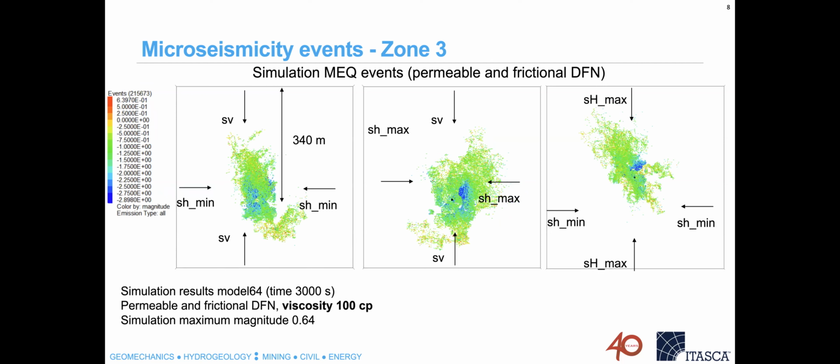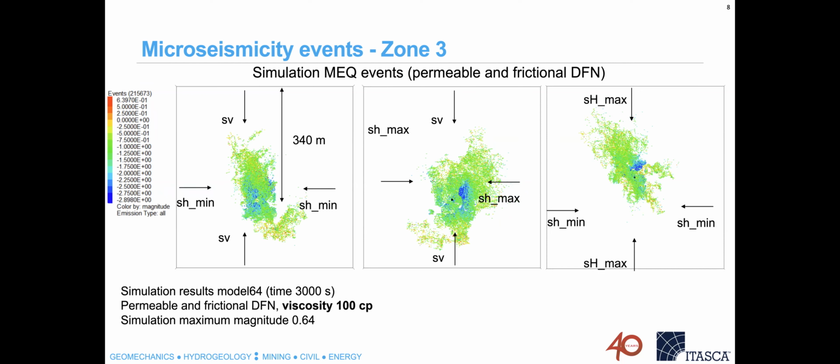In this slide, here are the simulation results for zone 3. Again, here is the permeable and frictional DFM. But for viscosity in our model, we use a 100 poise Newtonian fluid.